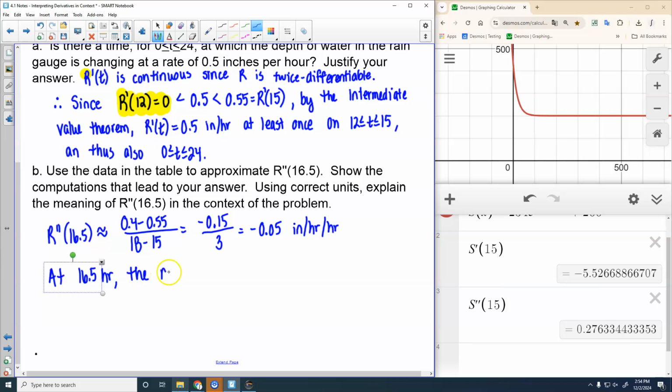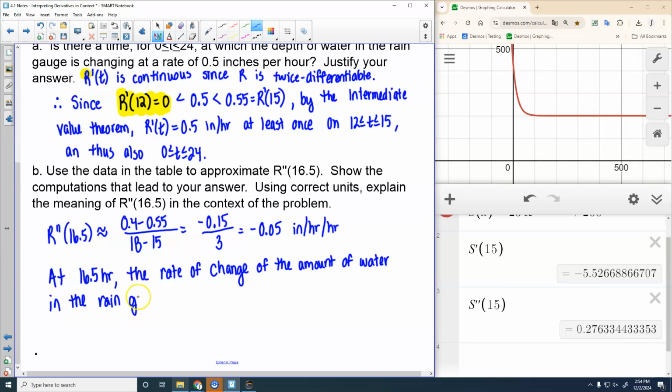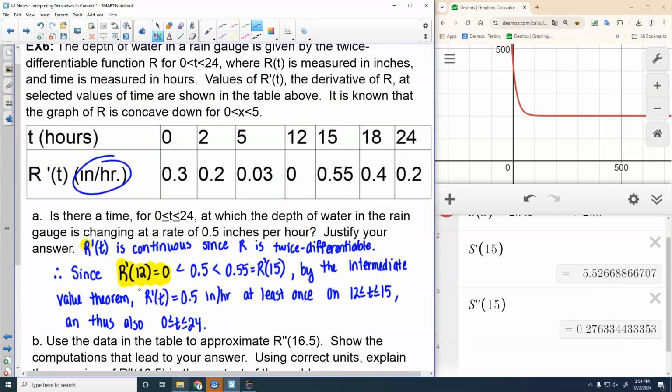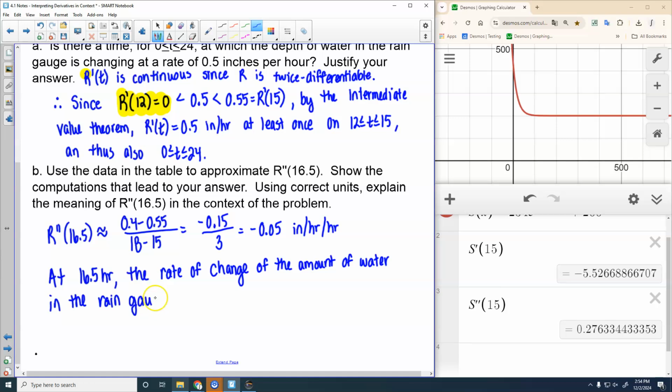So the rate of change of the amount of water in the rain gauge is, are we increasing or decreasing?